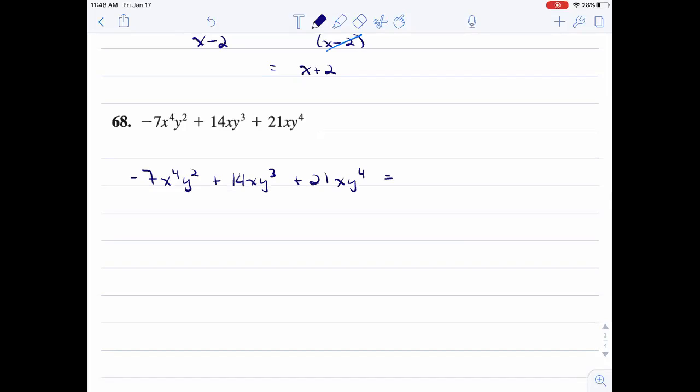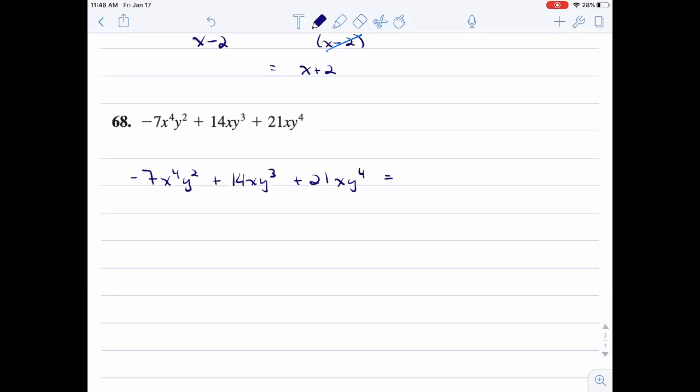So first thing we're going to look at is we can pull out a 7, right? I'm going to keep things a little bit easier on myself and pull out a positive 7. Because if I'm pulling out a negative 7 out of positive 14, that would leave me with negative 2, and so it's a little bit harder. So if we pull out positive values, usually it's a little bit easier.